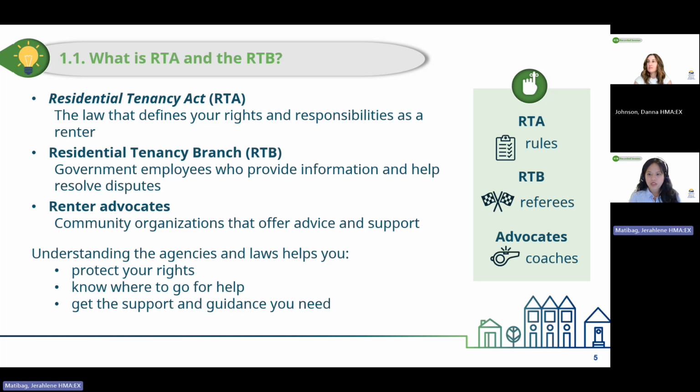This law contains the set of rules for renting in BC, and it explains what landlords and tenants can and cannot do. And then we have the Residential Tenancy Branch, or the RTB, acting as your referee. The RTB makes sure that all those rules, rights and responsibilities are being followed, and we help resolve disputes and provide information so that both landlords and tenants understand their rights and responsibilities.